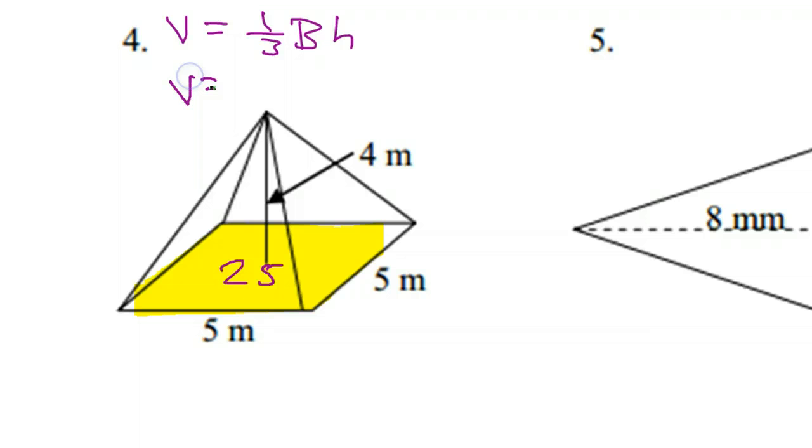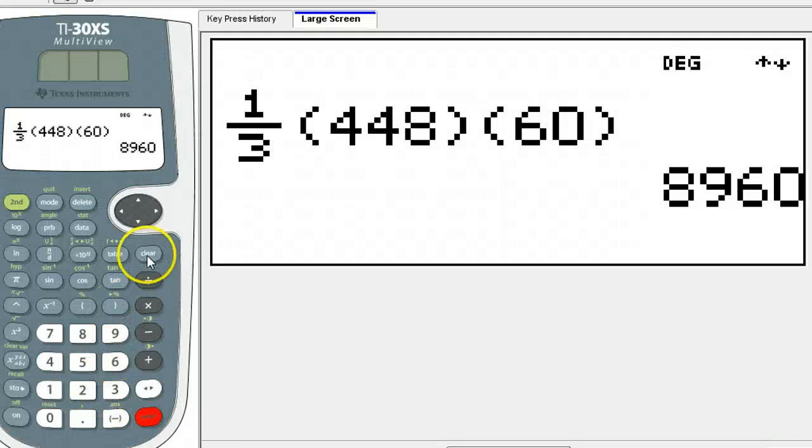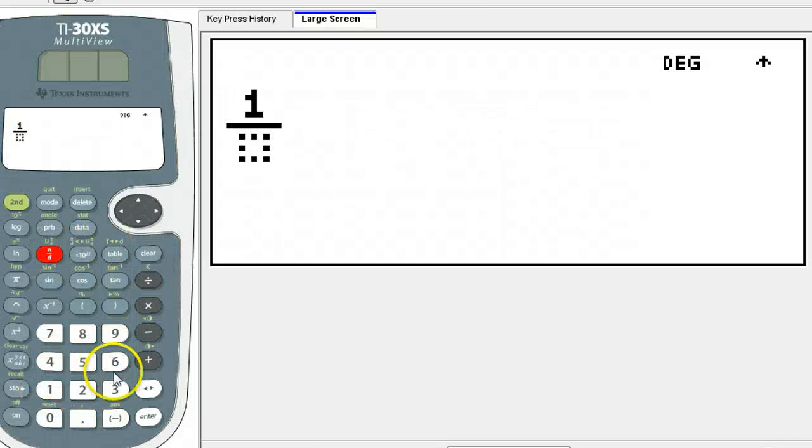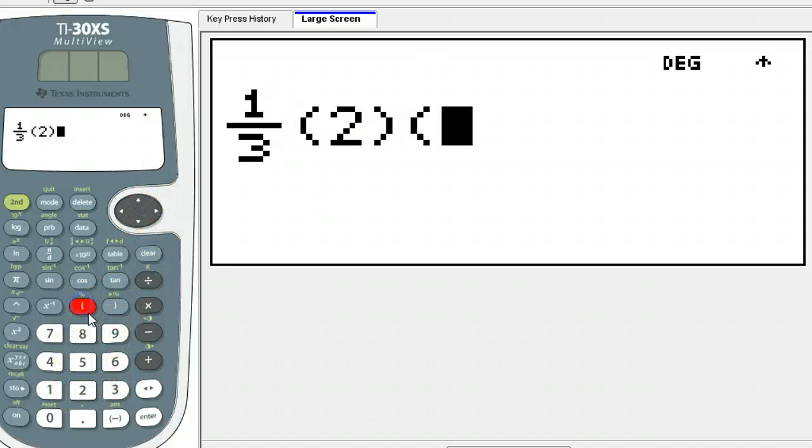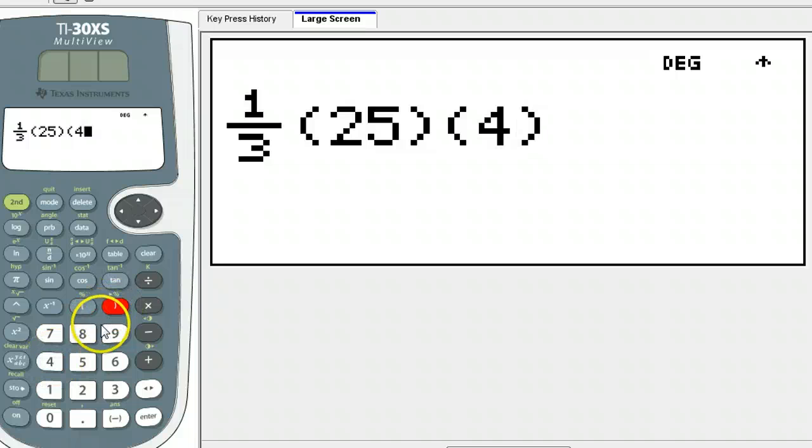So that means this formula becomes 1/3 times 25 times the height, which is 4 meters. Oh, we got units now. Great. So times 4.